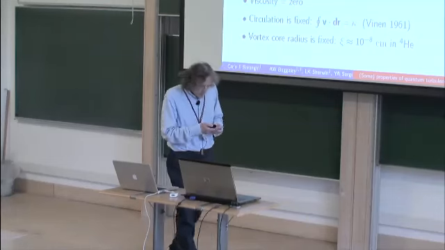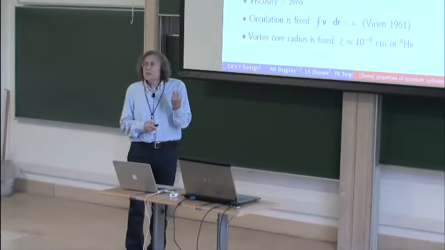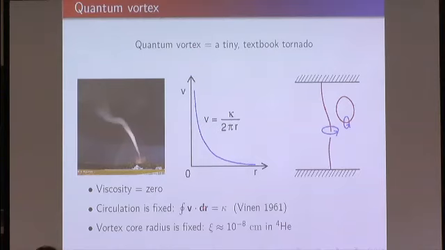This quantity is very important. It's a measure of the strength of the vortex, and is equal to kappa, this constant kappa, which is proportional to Planck's constant. And that was actually demonstrated experimentally in some remarkable experiments by Joe Vinen in 1961, that the circulation can only acquire this value. So there is a unique way of having our vortices.